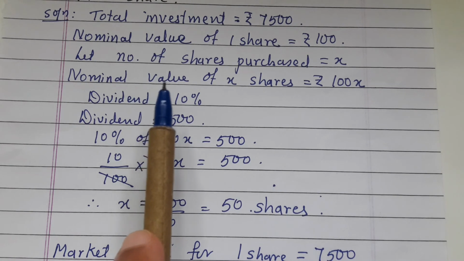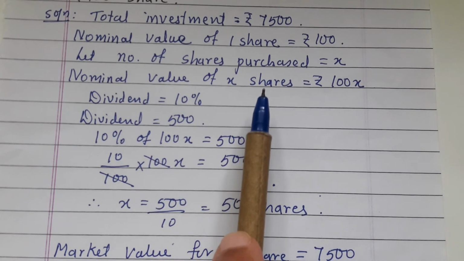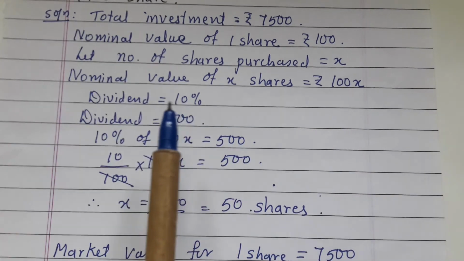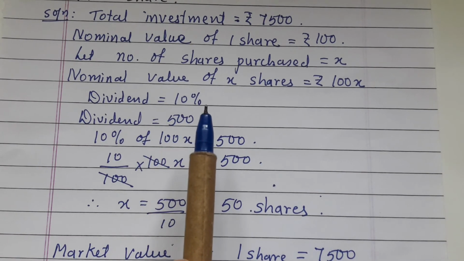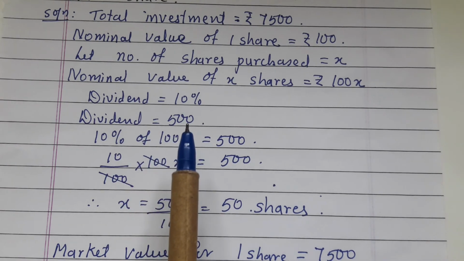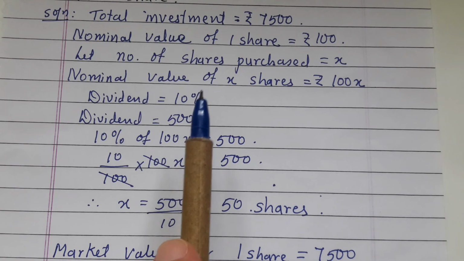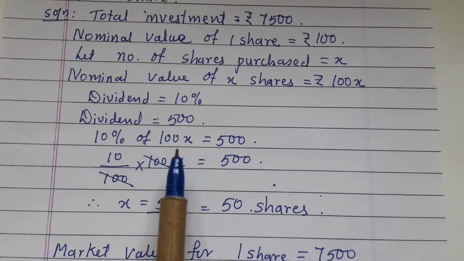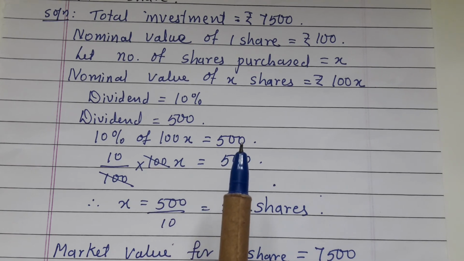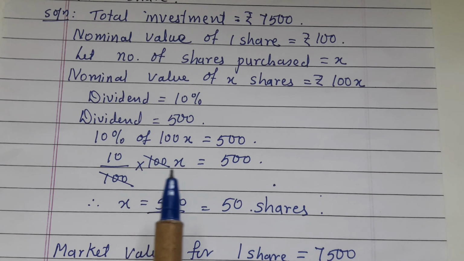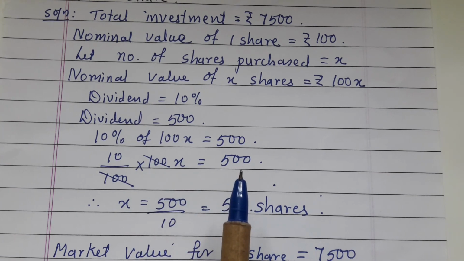Therefore, nominal value of X shares is equal to rupees 100X. Dividend is 10%, and dividend is equal to 500. 10% of 100X equals 500. 10 upon 100 into 100X equals 500.